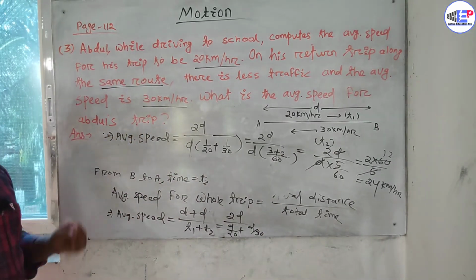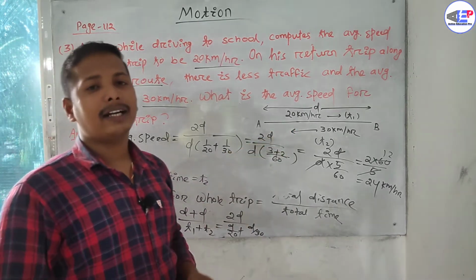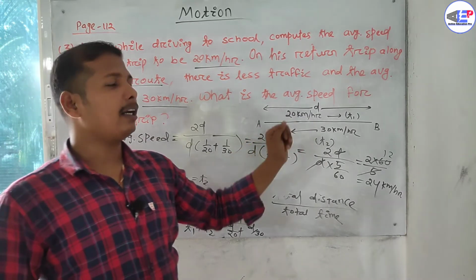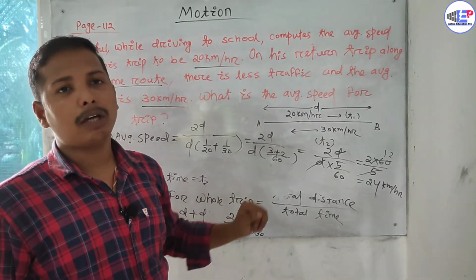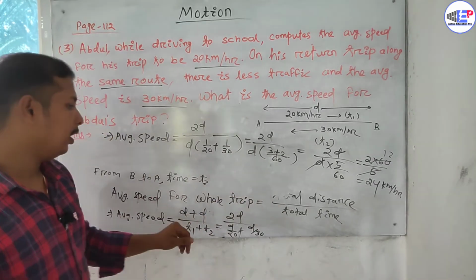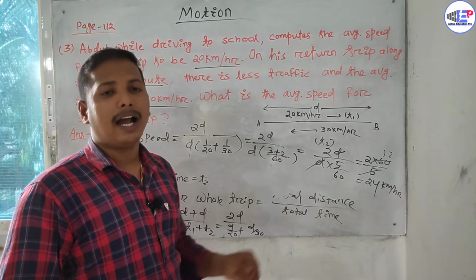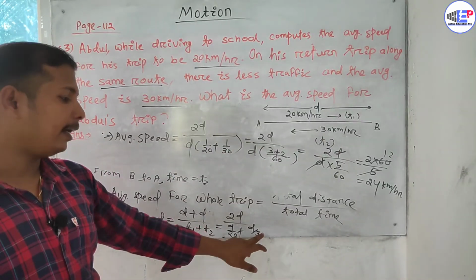So average speed will be total distance divided by total time. We know that time is distance divided by speed. For T1, distance is D meter and speed is 20, so T1 will be D by 20. For T2, distance is D meter and speed is 30 km per hour, so T2 will be D by 30.